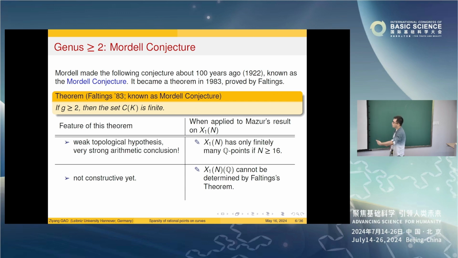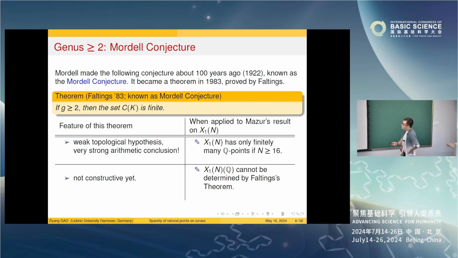First of all, the theorem is extremely strong because the hypothesis is really weak. It's just a weak topological hypothesis: the genus is at least 2. But the conclusion is about arithmetic. It says that there are only finitely many rational points. It's a very strong arithmetic conclusion. So this makes the theorem really strong.